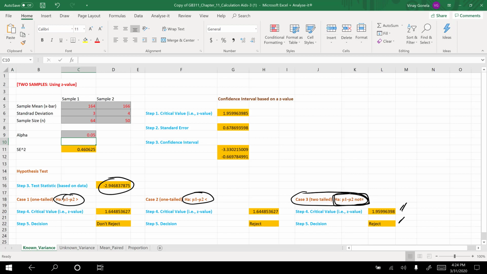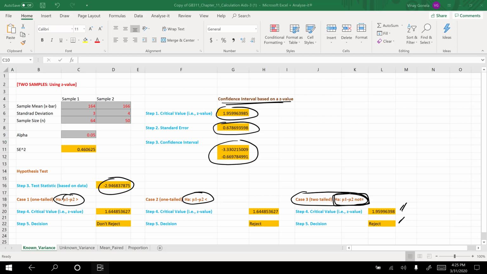So again we have different values here. This one, critical value 1.96, is for the confidence interval, and then the standard error is 0.67869, that is what we got. And then our confidence interval is negative 3.33 to negative 0.669.